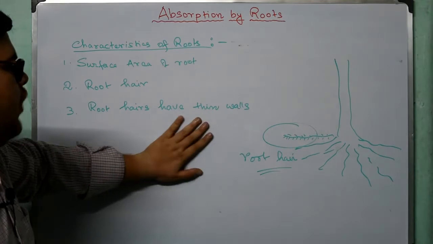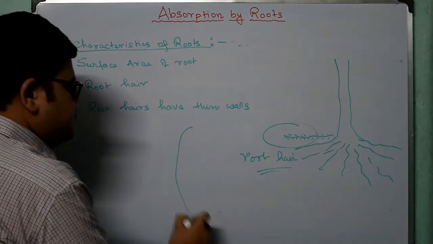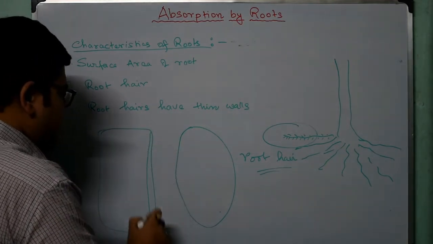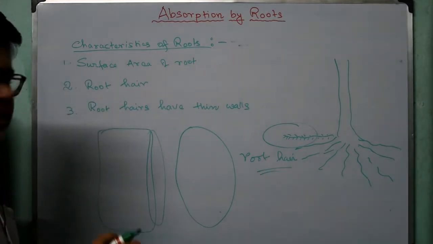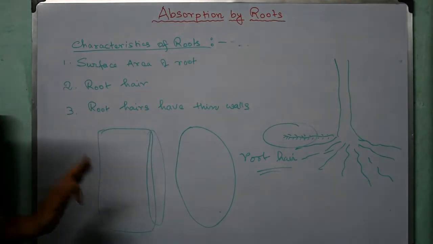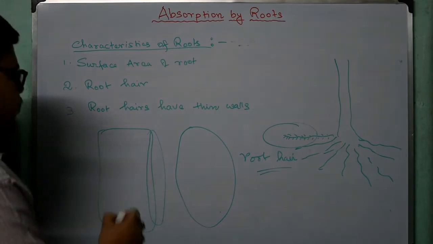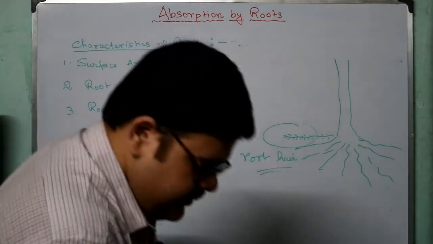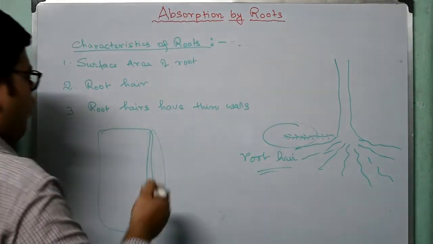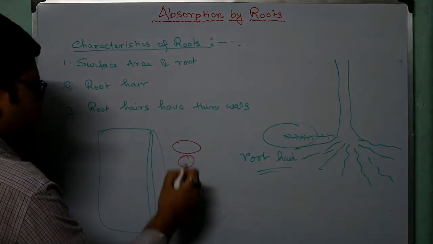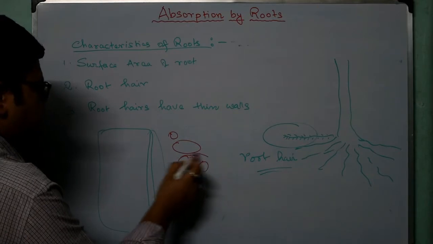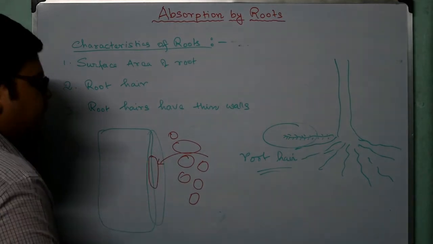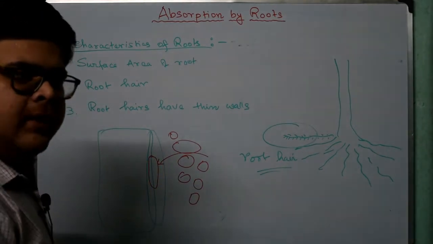Suppose this is a cell. We all know that the cell wall is the primary structure, which is the first barrier. Suppose these are nutrients and water molecules. For entry, the first barrier they need to cross is the cell wall. We know plants have a cell wall and animals do not have a prominent cell wall.